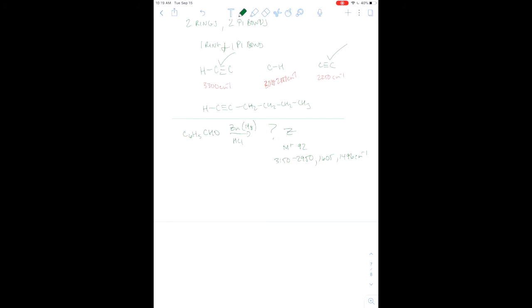So what is a possible structure of compound Z?